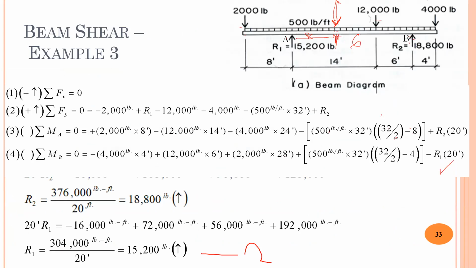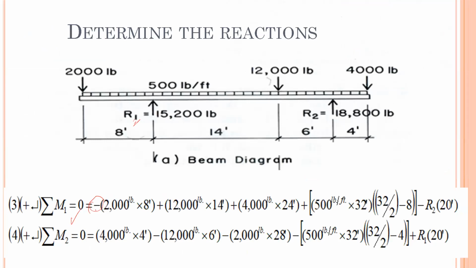So this one was 2,000 times 8. It was positive, right? But this one around here, I didn't get to convert it. It has a different convention. They are taking clockwise as positive in writing this out. I didn't modify this one either, so I must warn you. That's a different convention used to write this particular one.